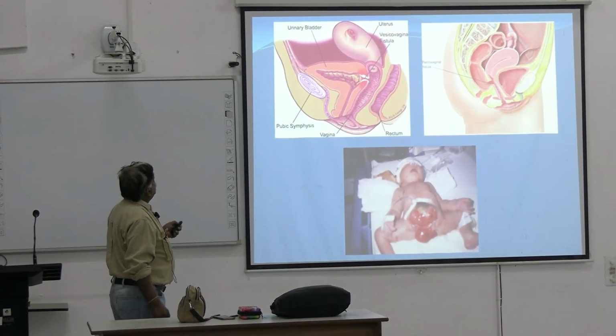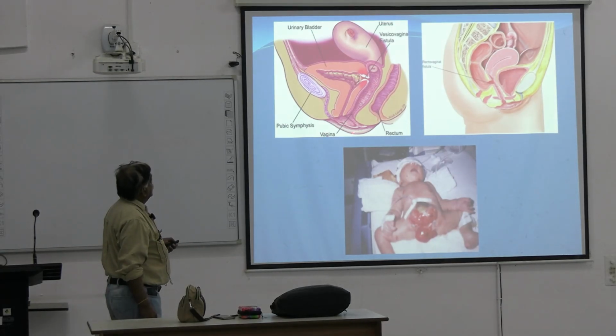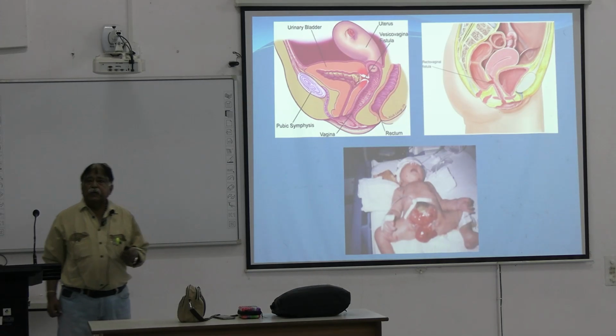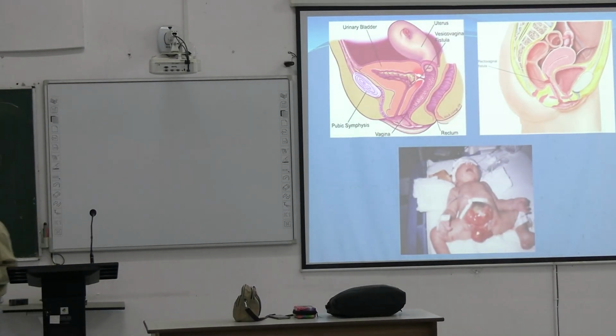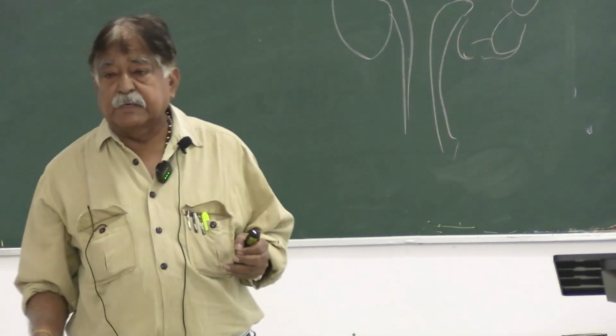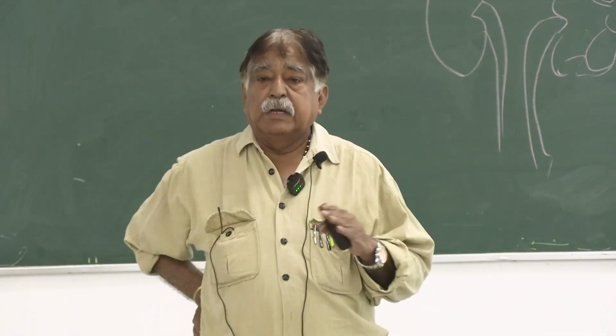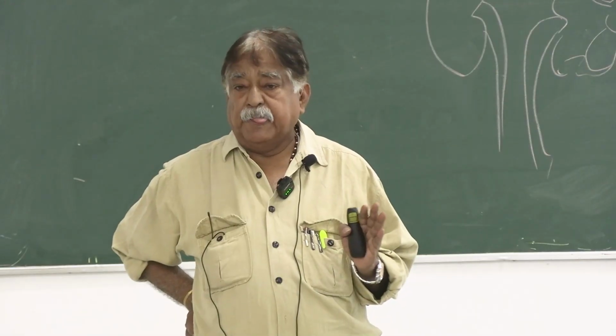Now see this diagrammatic representation of the urinary bladder. See the uterus and the vesicovaginal fistula. This is the sagittal section, this is the vagina, and this is the rectum. Now, if a lady comes with a baby that has some watery discharge from the vagina, then you have to diagnose what the problems might be.